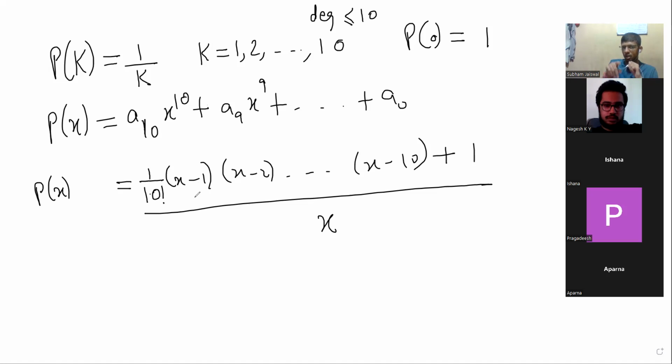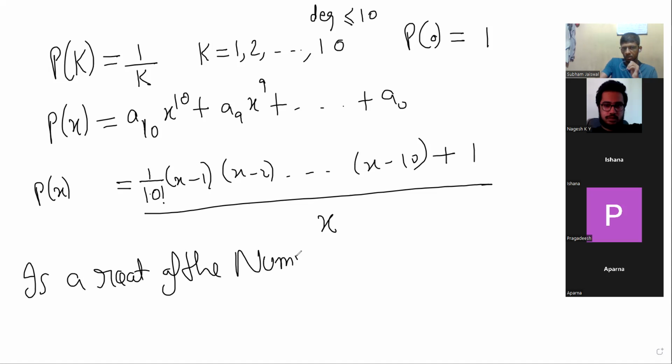But is x a root of the numerator? That you have to show. First thing, is x a root of the numerator? How do you know that? You don't have to think.